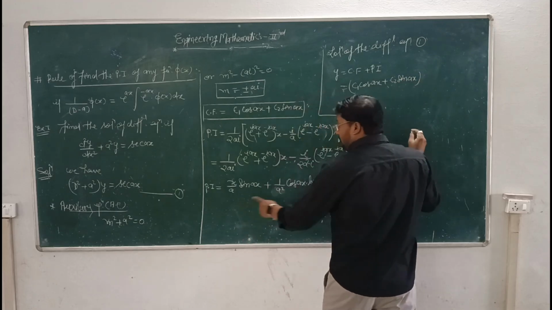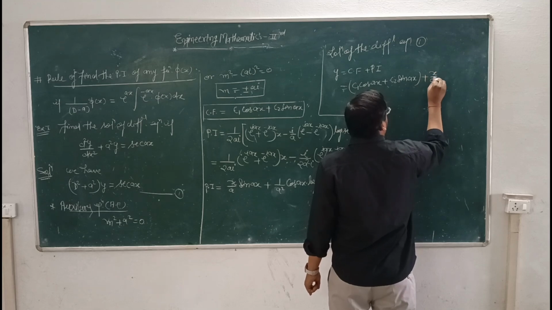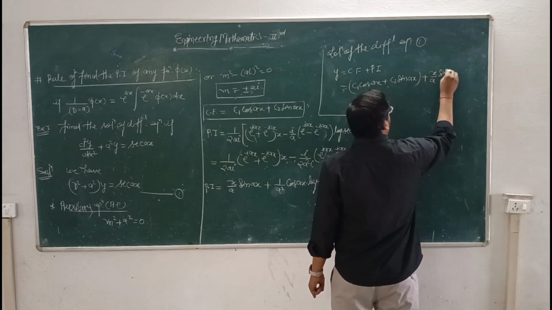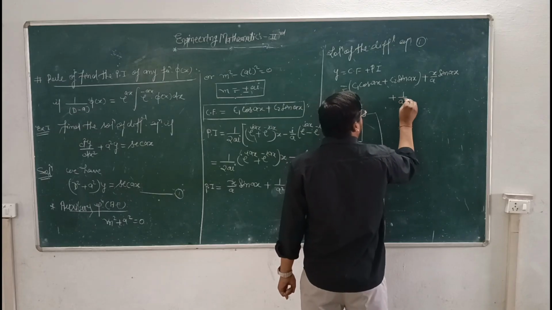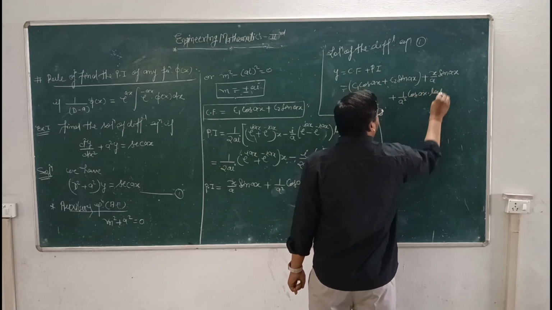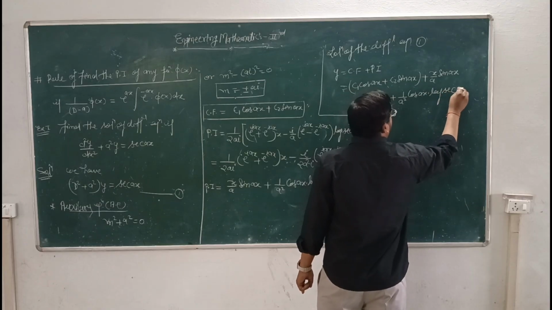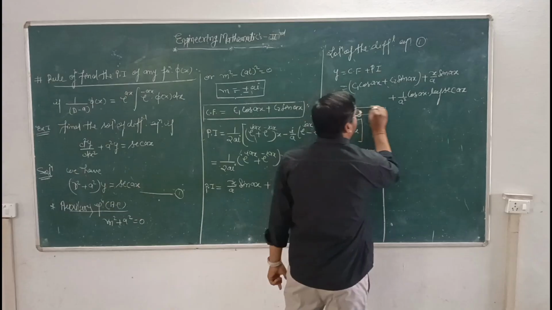Now the second value of PI, this means plus x by a sin ax plus 1 upon a square cos ax into log sec ax. This is your final answer.